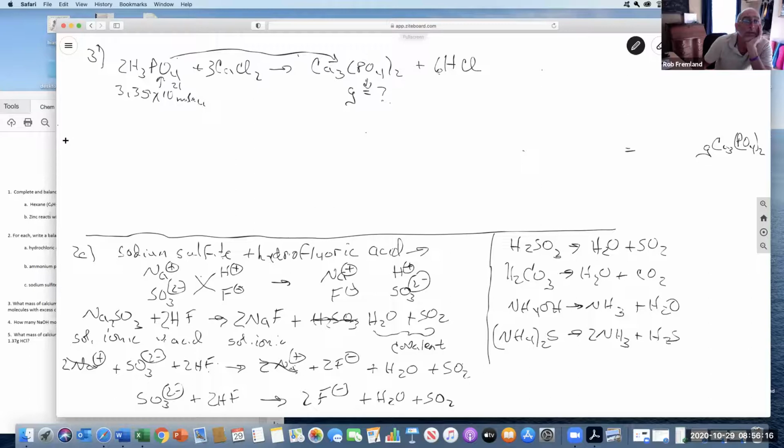So we have to get to moles. To get to moles from molecules, we're going to use Avogadro's number. So we have 1 mole of H3PO4 for Avogadro's number.